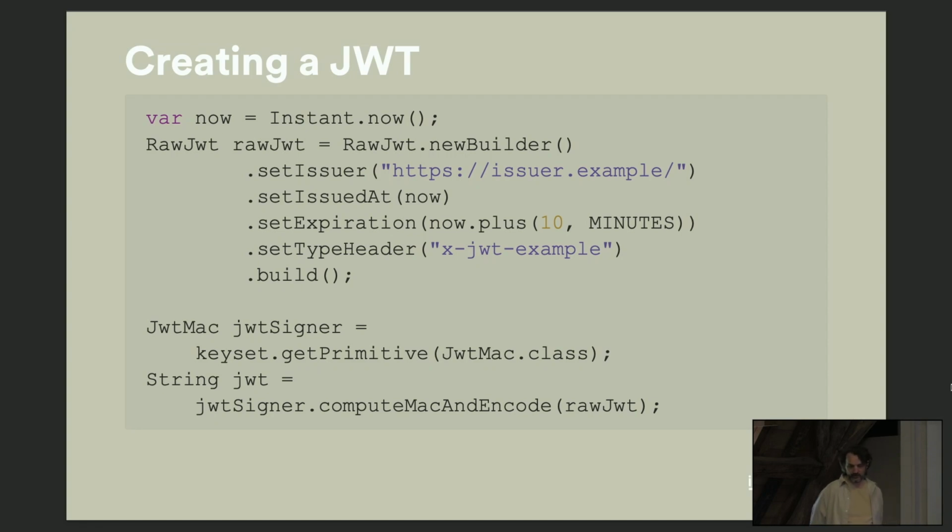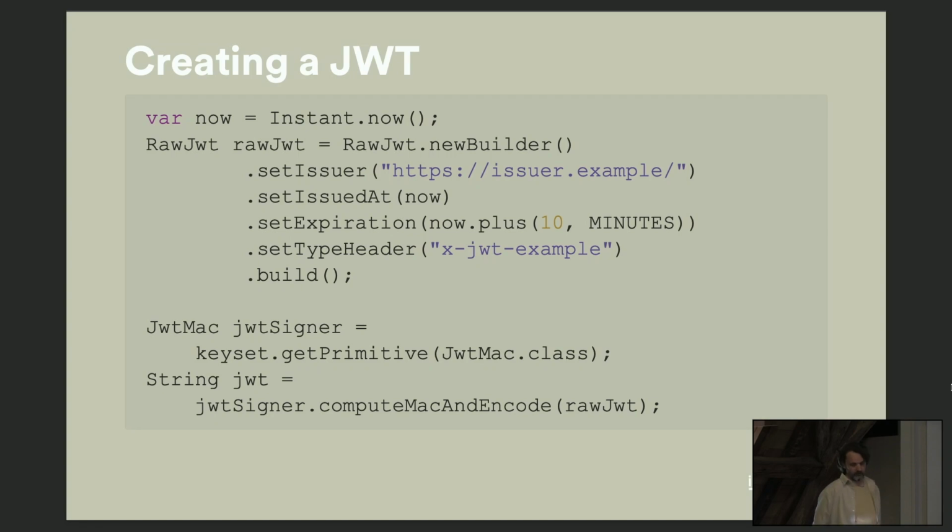The only thing you can do with it is pass it to one of these JWT signers at the bottom. So you can't convert it into a string in any way, you can't introspect the values in it, and so the only thing you can do with it is sign it and get back an actual JWT. So again, it's kind of like steering you towards not accidentally using this thing as if it had some security. And so you call this primitive, and then you compute the MAC, and it returns it.